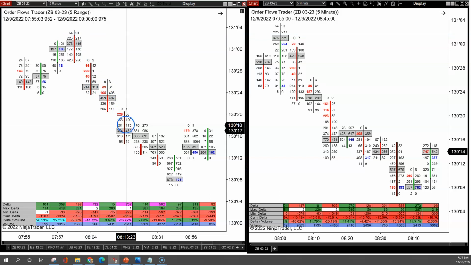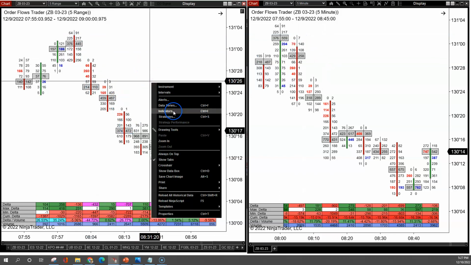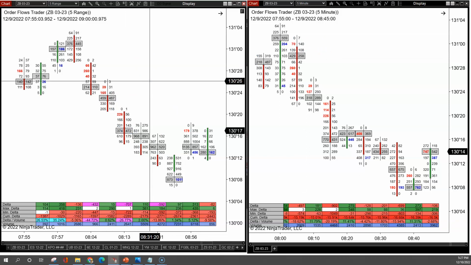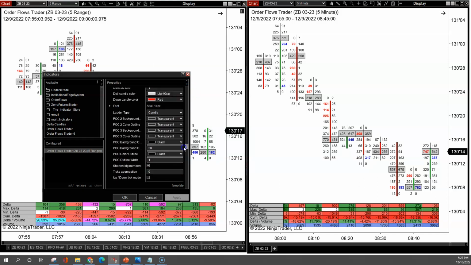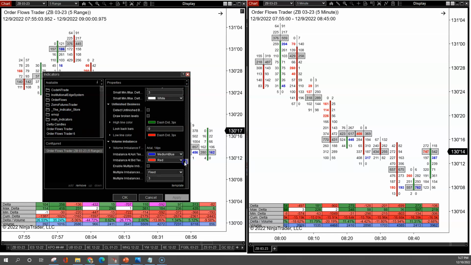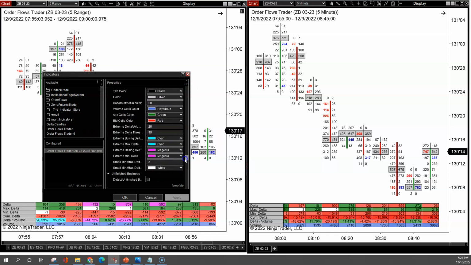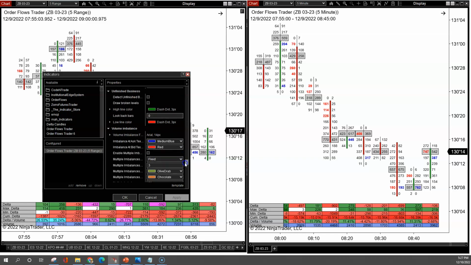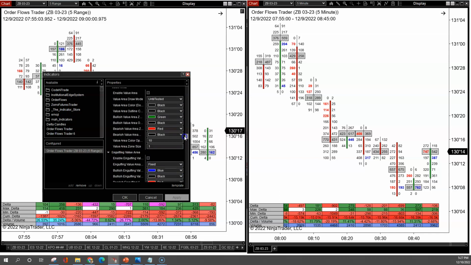Let me turn on some things here so we get a better clue as to how this market is moving. Now we turn on the simple thing, stacked imbalances, volume imbalance. Just so you can see here, that's multiple imbalances. There's so many things in here.